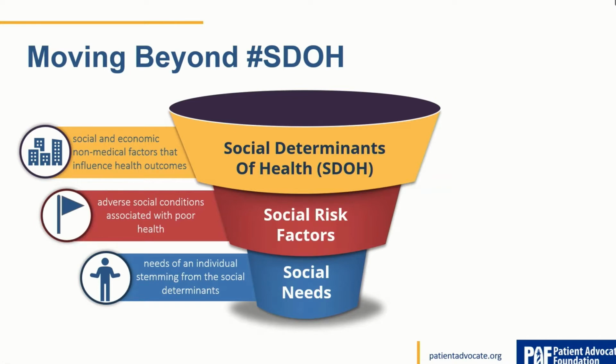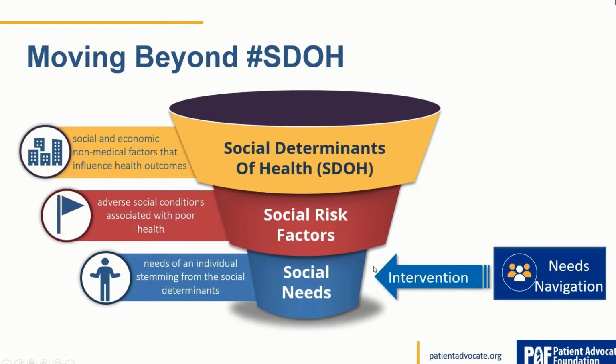There's a lot being done on a policy level and a built environment level addressing the social determinants of health. But what PAF does, and what other groups that do social needs navigation do, is address the effects of the social determinants of health: those individuals that have social risk factors and, because of those risk factors, are experiencing social need. This is really where needs navigation comes in.